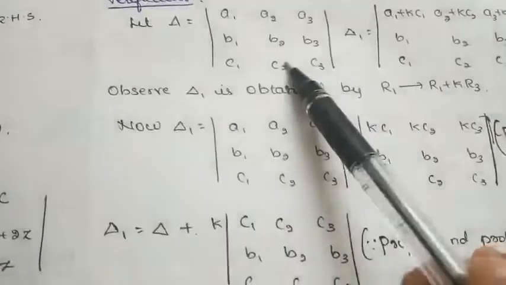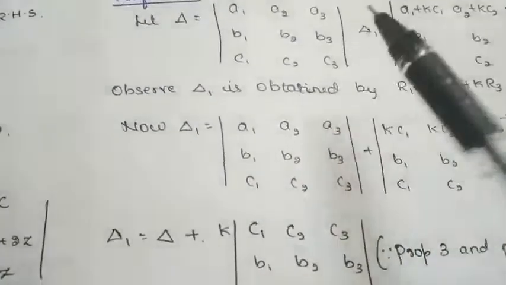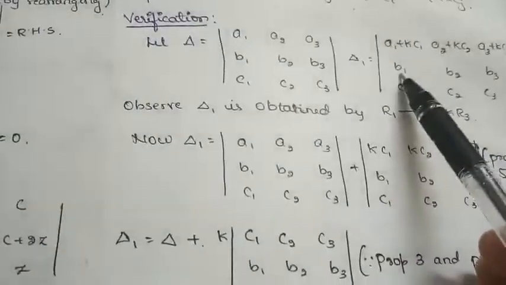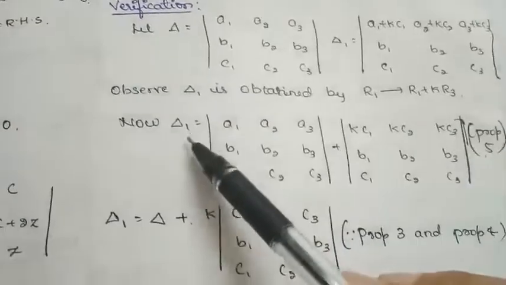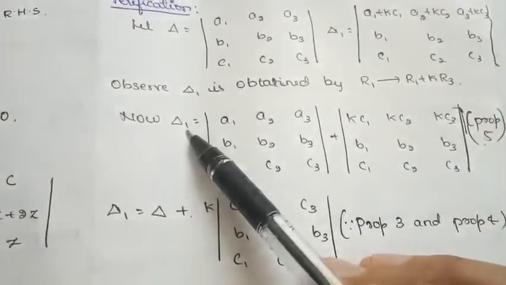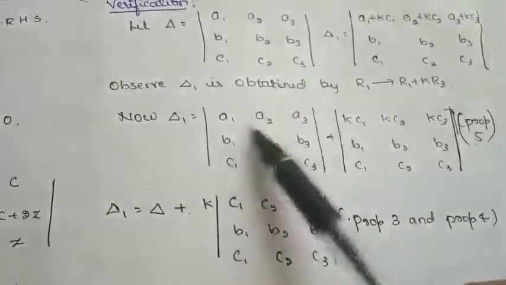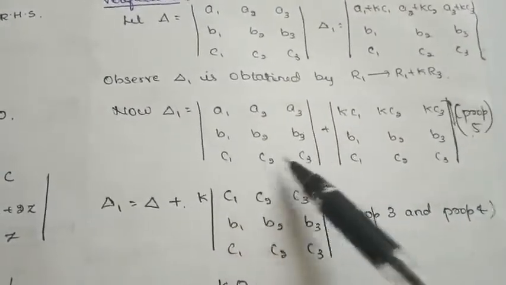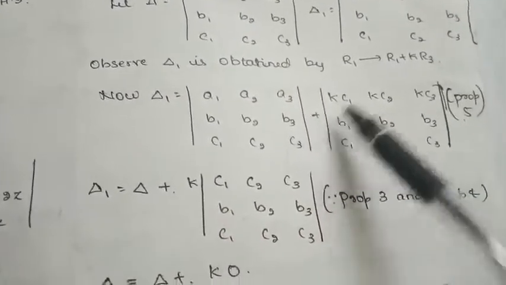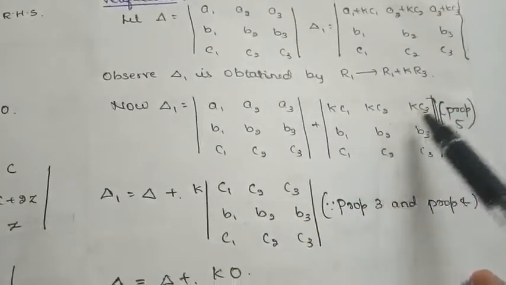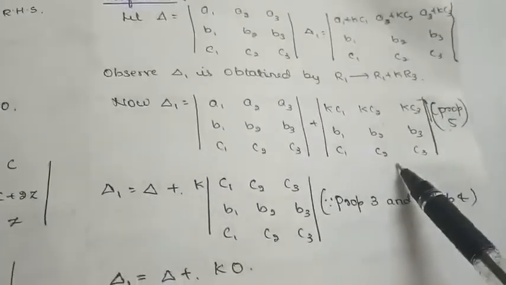Let us observe the verification part, and you will get a clear idea. So you know the determinant value of this one, and I am expanding it. By property 5, I can express this one as A1, A2, A3, B1, B2, B3, C1, C2, C3, plus this one as K C1, K C2, K C3.